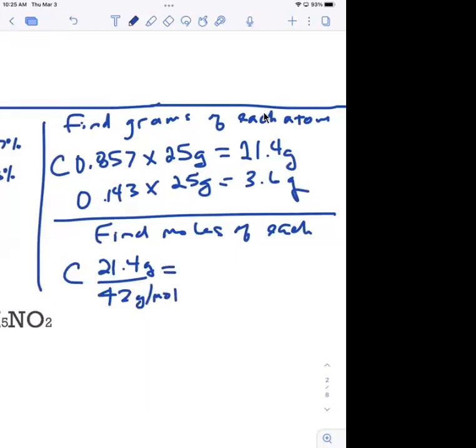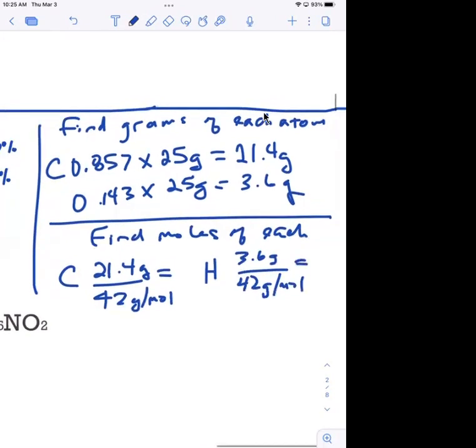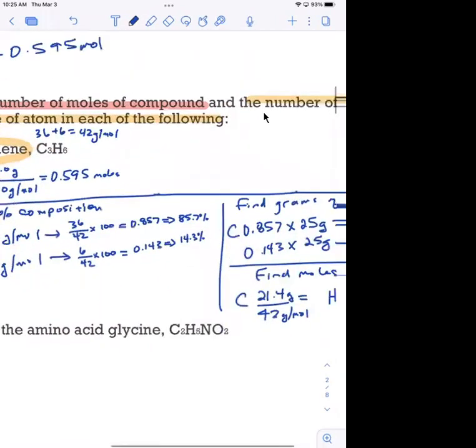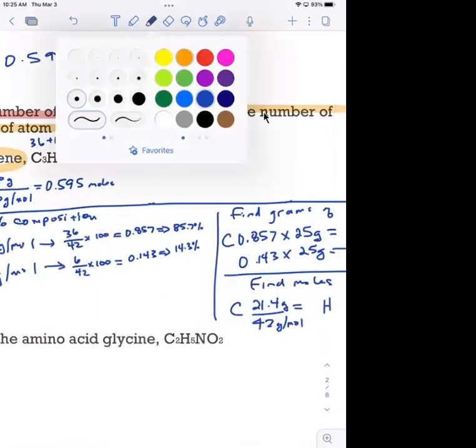That's going to give you moles of carbon. And then for hydrogen, it'll be 3.6 grams divided by 42 grams per mole, and that'll give you moles of hydrogen. And those moles, when you add them together, should add up to what we found over here, which was 0.595. So somebody run those calculations real quick.